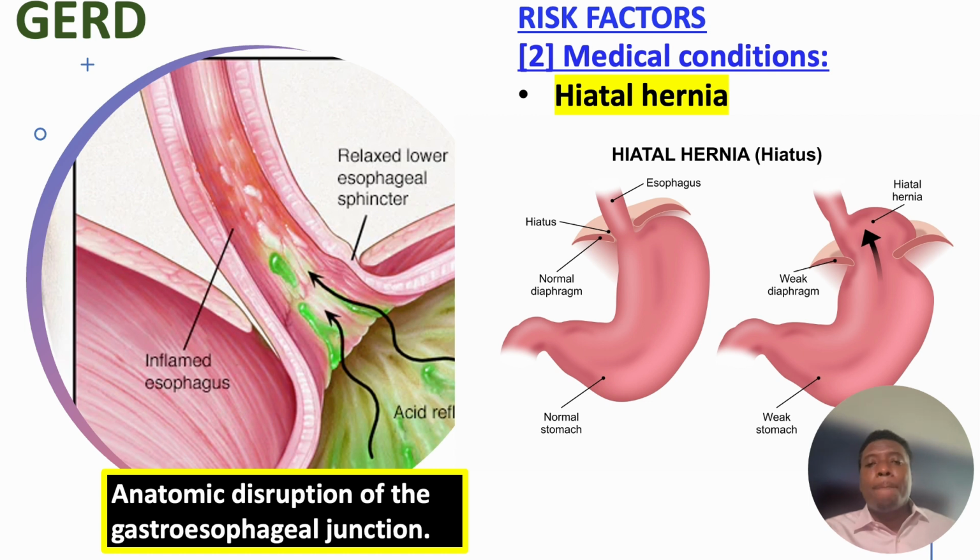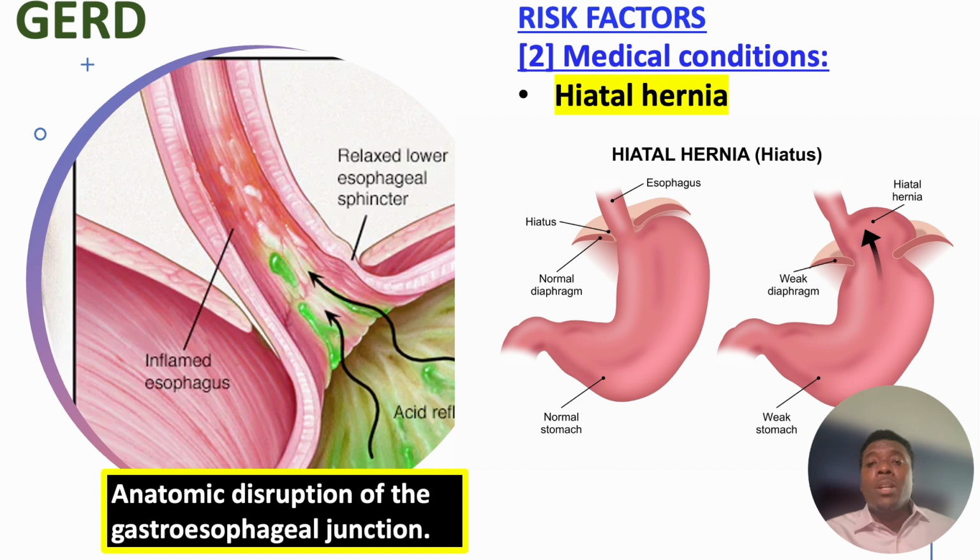An important medical condition associated with GERD is a hiatal hernia. The hiatus is an opening in the diaphragm that allows the esophagus to reach the stomach. In addition to the increased pressure of the lower esophagus via the sphincter, the diaphragm also plays a role in increasing the LES pressure. The diaphragm will contract, and that will help to increase the LES pressure.